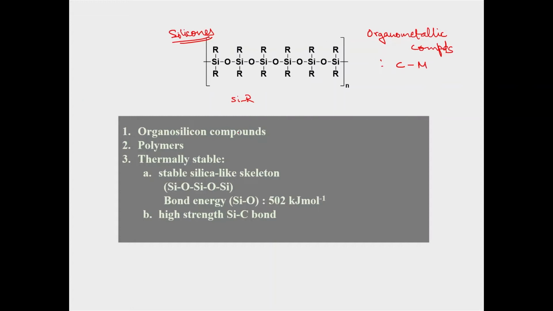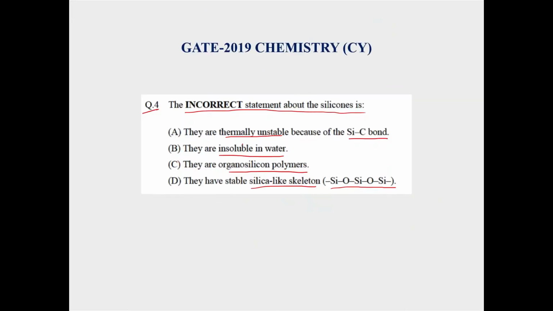Similarly, organosilicon compound means there is carbon coordinated to Si. Here there are two R groups, alkyl or aryl groups, coordinated to the silicon. Hence, it is an organosilicon. Silicones are organosilicon compounds, and they have this chain-like structure, so they are polymers as well. So they are organosilicon polymers. This is a correct statement.